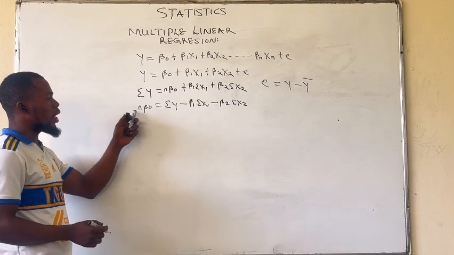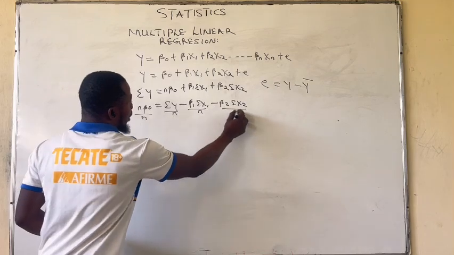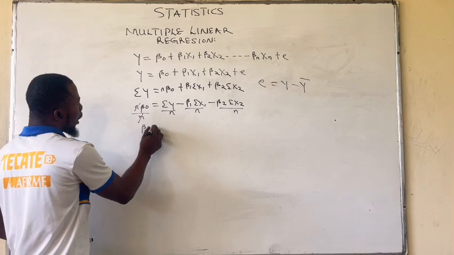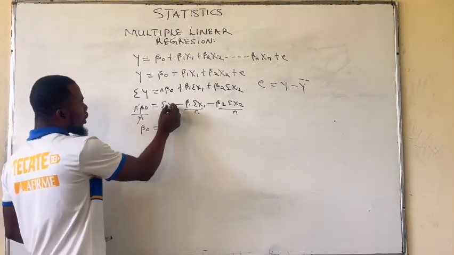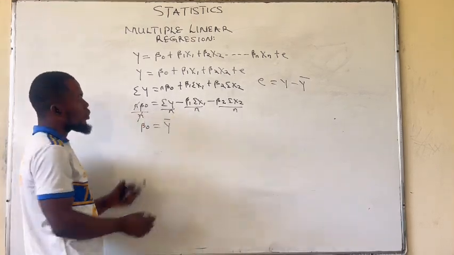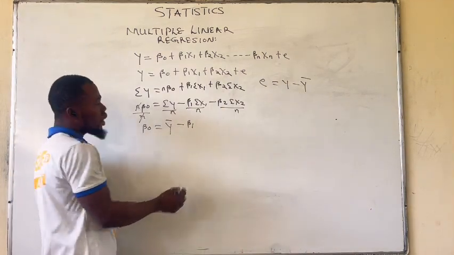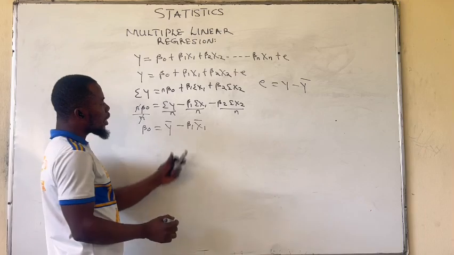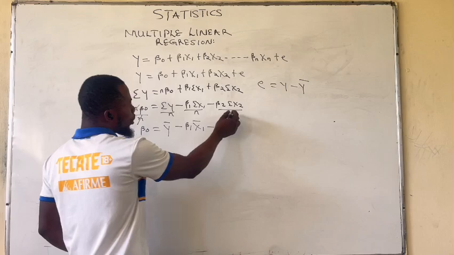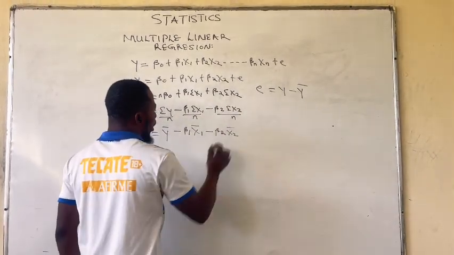So from here, the n will cancel n, and we will be left with beta naught equals summation of y divided by n, which will give us y bar, because that is the mean of the y variable, minus beta 1 times summation of x1 divided by n, which will give us x1 bar, because that is the mean of x1, minus beta 2 times summation of x2 all over n, which will give us x2 bar.